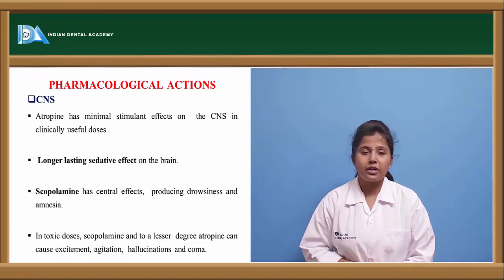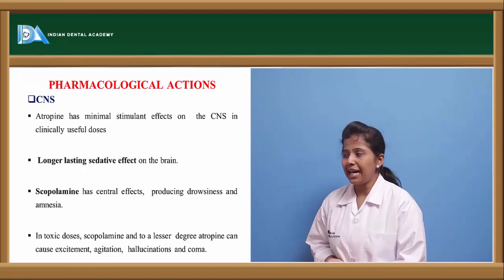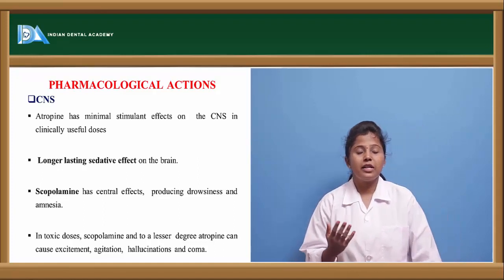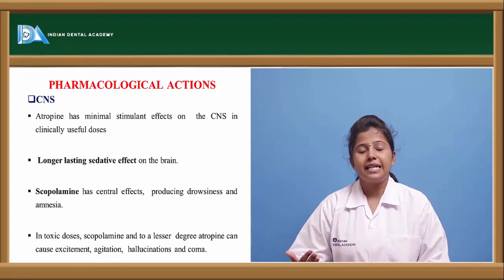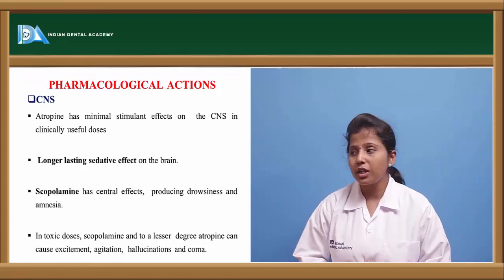Scopolamine, which is hyoscine, has very mild central effects. It shows a depressant effect, and in higher doses it causes an excitatory effect, so its action on the CNS is dose-based.